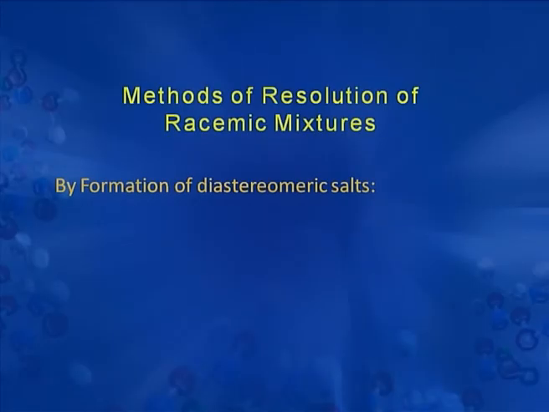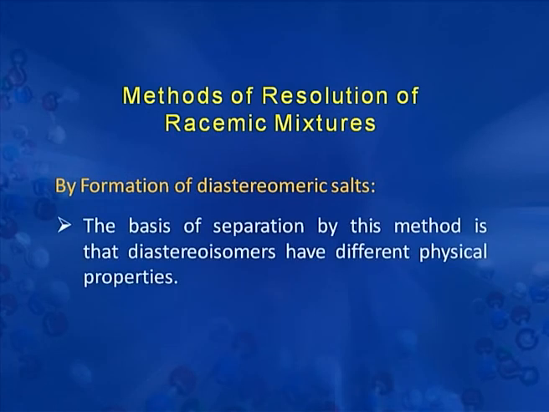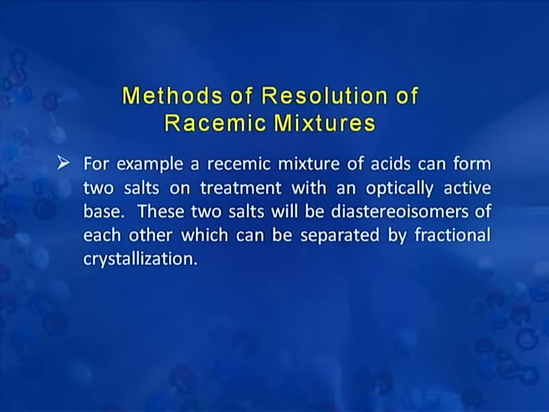Another method for the separation of a racemic mixture, the most common method, is formation of diastereoisomeric salt. Diastereoisomeric compounds, we have discussed earlier, have different physical properties, and it becomes easier to separate them. So in this method, a given compound is converted into a diastereoisomeric salt which can be separated by fractional crystallization.